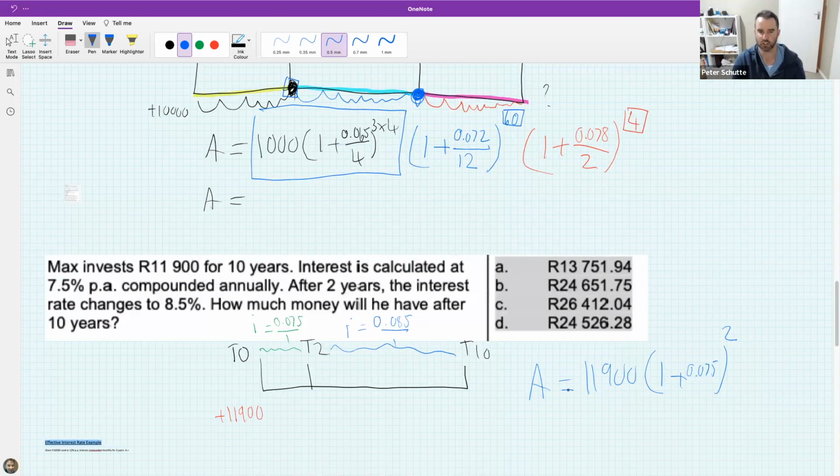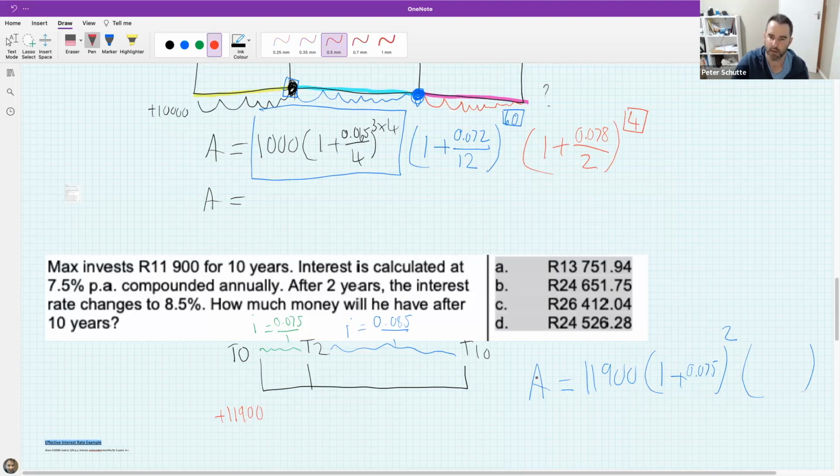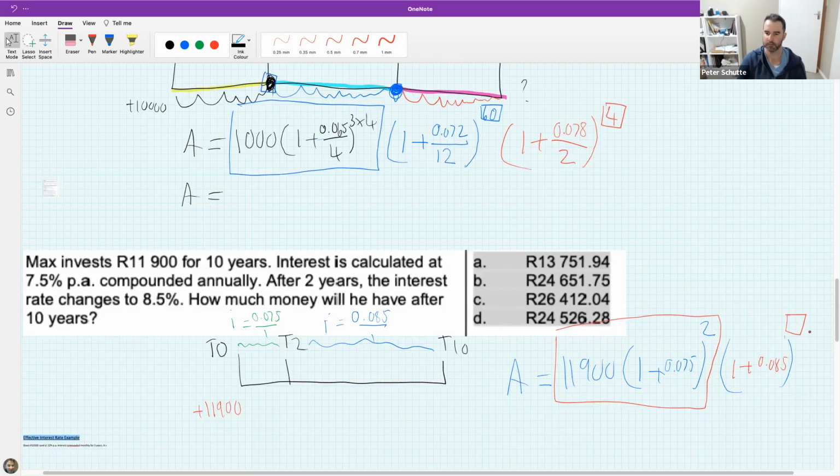And then instead of having to go back and start again, all you do is you pretend this is the new p-value. So if you imagine this is the input, the p-value, and what comes after that? Well, it's just 1 plus 0.085. And what is this power going to be, given what my timeline is saying? Yep, because it's per year, and these are all years, it's going to be 8.